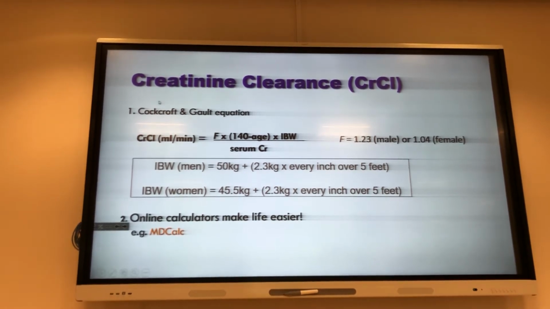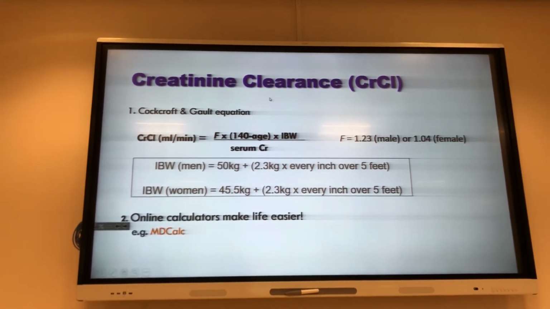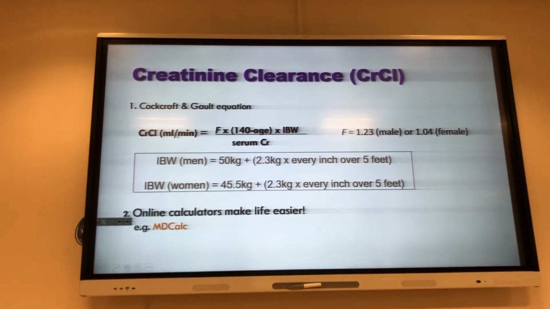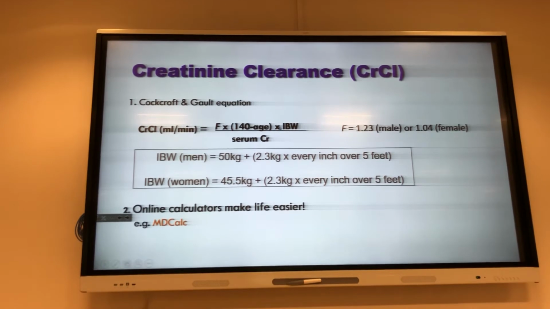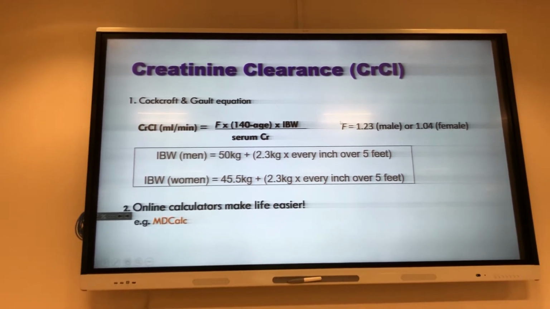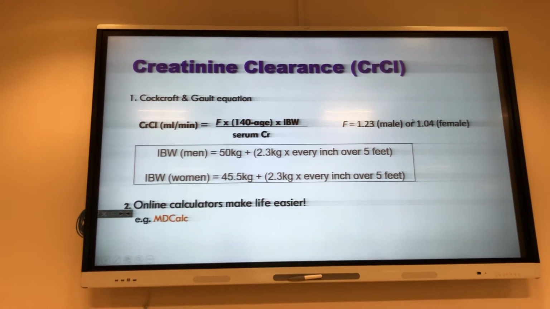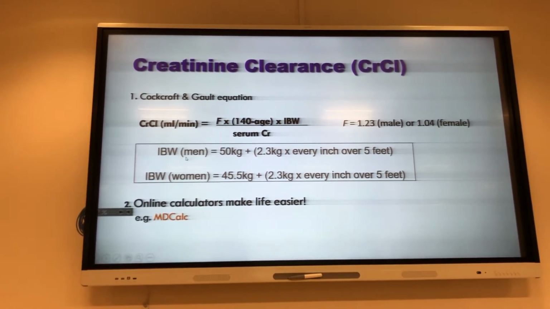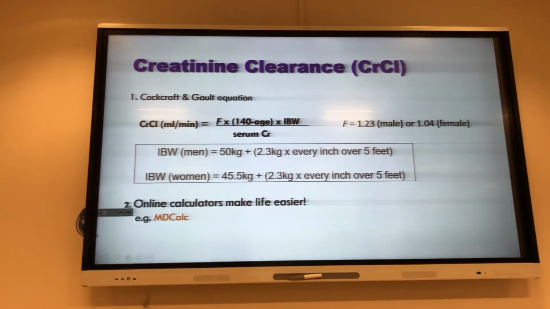So this is the first formula. The second formula is the creatinine clearance, for which we use the Cockcroft and Gault equation. So this is the formula. Usually for males and females, we use different numbers. We use the IBW for men, 50 kg, and for women about 45.